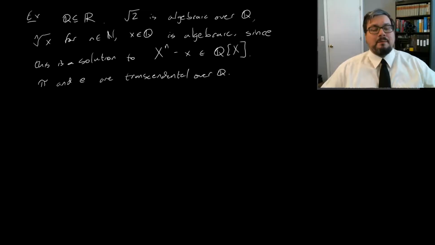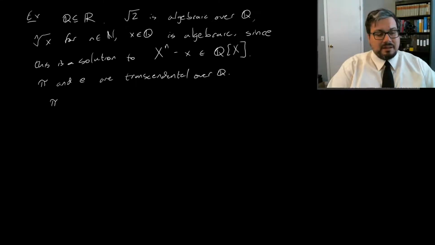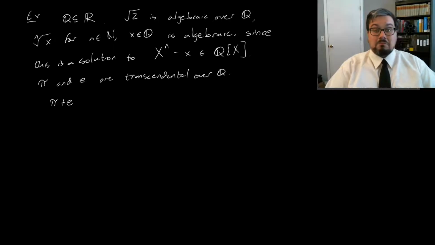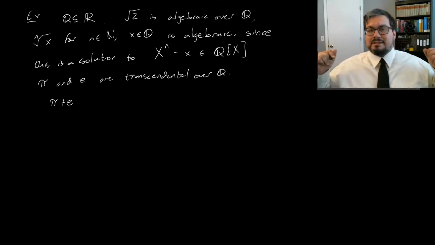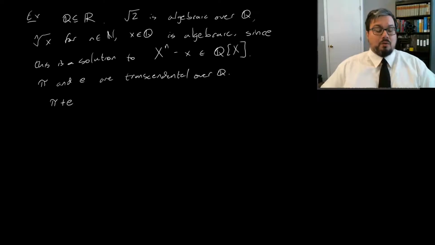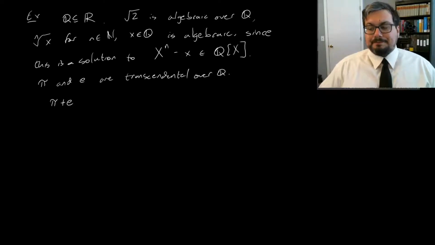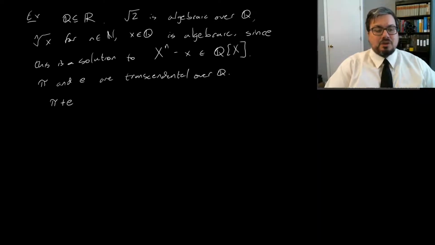It took a long time for people to prove that there is no polynomial that has pi as a root, or there is no polynomial that has e as a root. Proving that a number is transcendental tends to be very, very difficult. In fact, the number pi plus e might be algebraic and might be transcendental. We actually don't know over the rational numbers. And so proving that a number is transcendental turns out to be very difficult in practice.